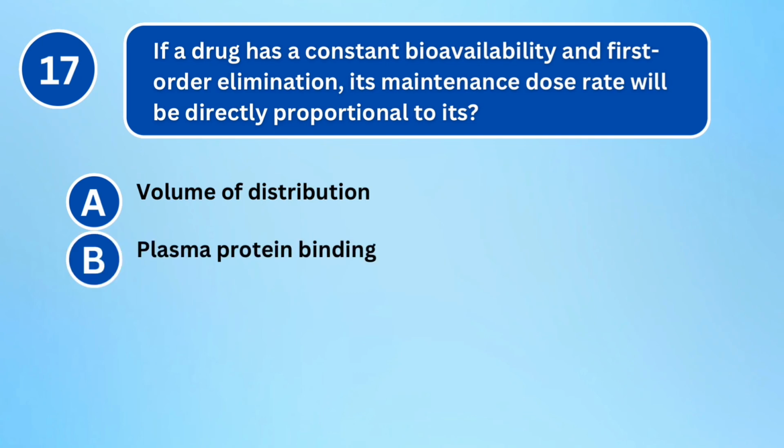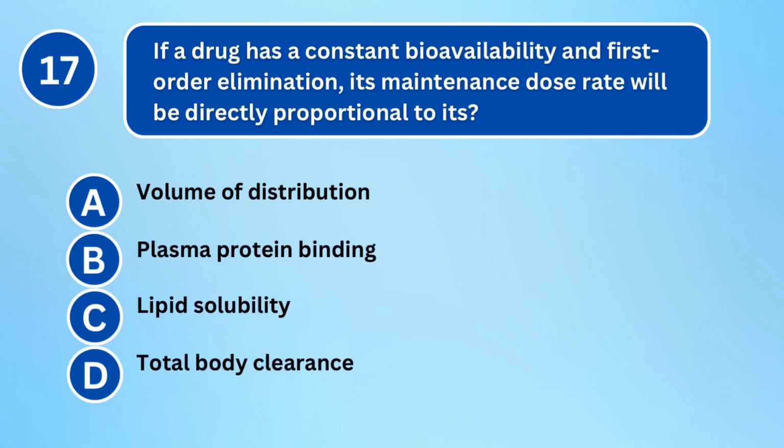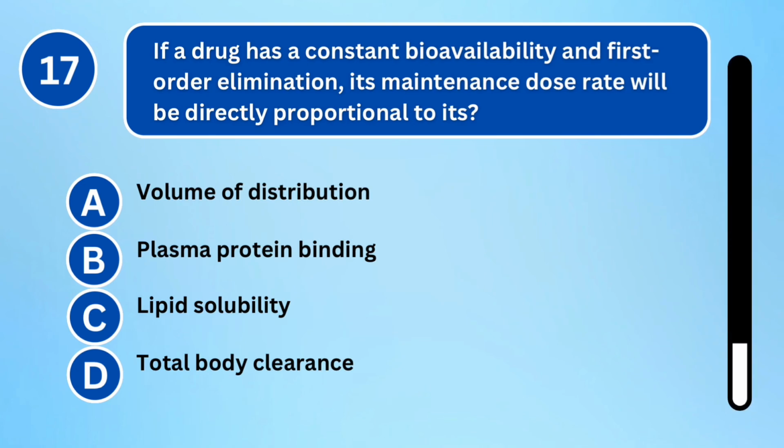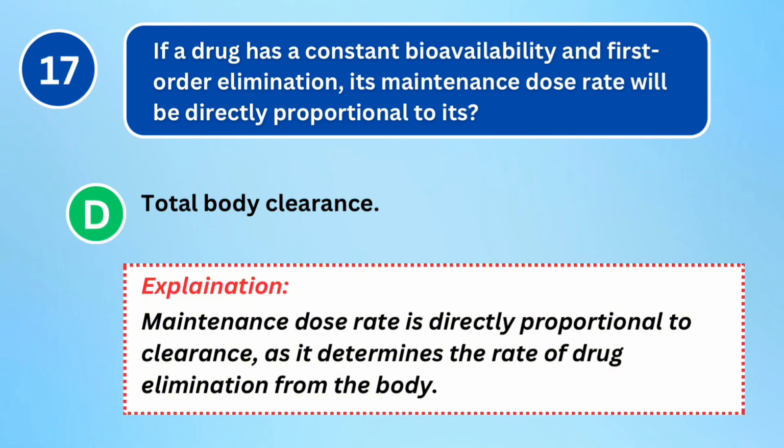If a drug has a constant bioavailability and first-order elimination, its maintenance dose rate will be directly proportional to its a. Volume of distribution, b. Plasma protein binding, c. Lipid solubility, d. Total body clearance. Correct answer, d.